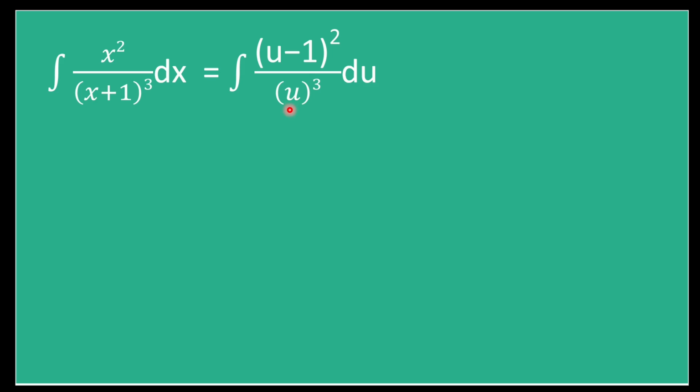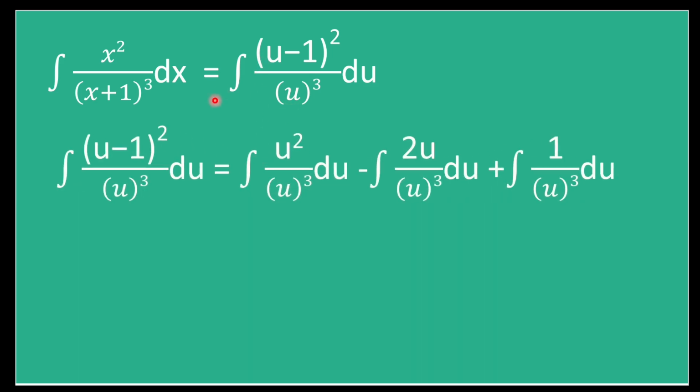And now we will break this like u squared divided by u cubed, and we will open this formula, which will be equal to u squared minus 2u plus 1 squared, which is equal to 1. So this is u squared divided by u cubed into du, and similarly minus 2u divided by u cubed, and 1 divided by u cubed.